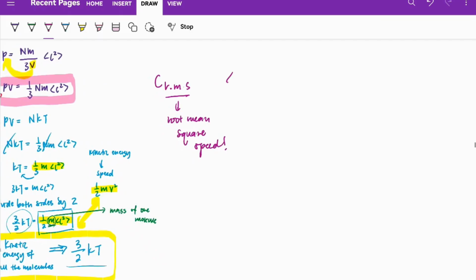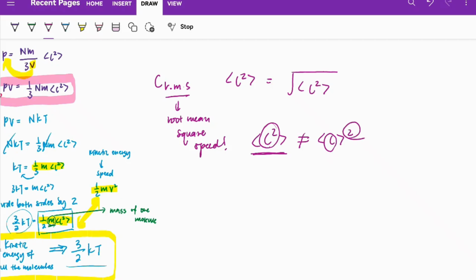Basically, root means you square root the mean square speed. Another important point: this one is not the same as this. Here you square the speed, then you mean it, you average it. In the other, you add all the speeds, you mean, then only you square it. You will not get the same value. Remember, it's mean square speed: you square the speed, then you mean it.